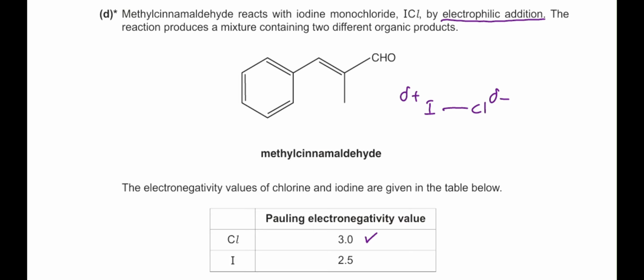In the addition reaction, the alkene group will add both the halogens, but chloride ion, being more electronegative, will latch on to the stable carbocation, which is the one which is the most substituted carbon atom here. So this one. Hence the chlorine will get attached here and the iodine will get attached here. So that's what we have to show in the mechanism.